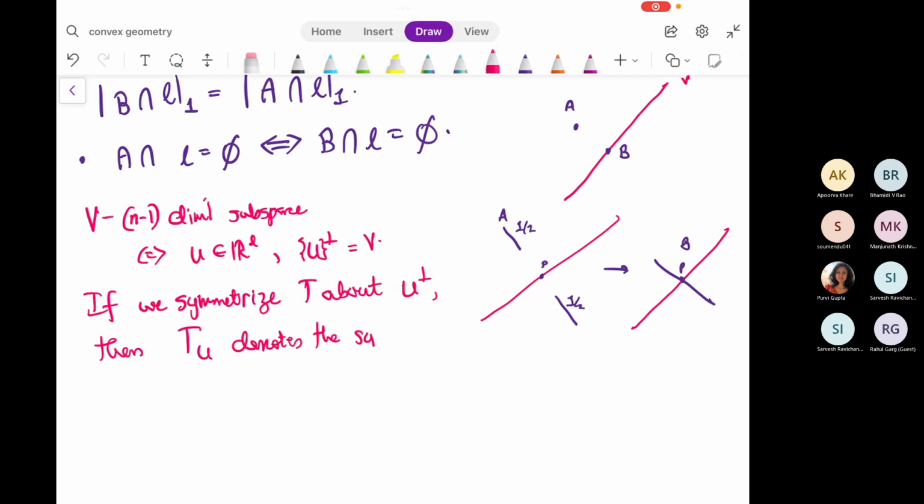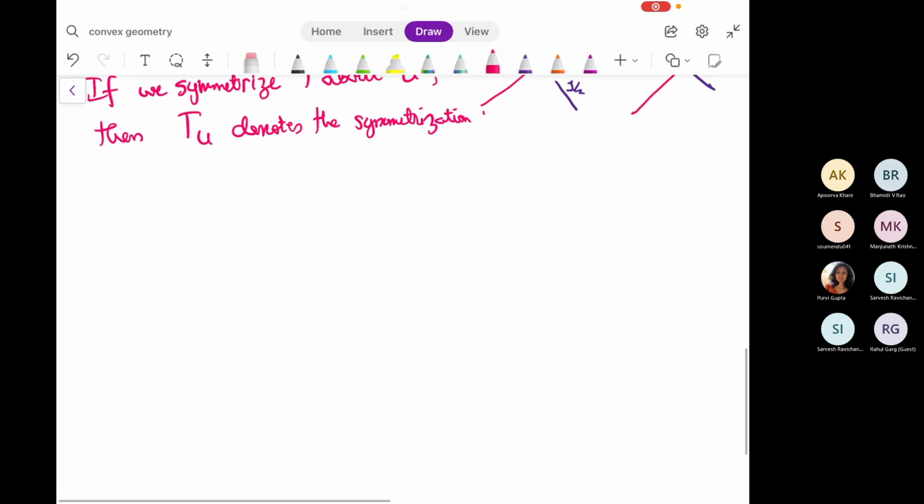But we will have to switch between notations. I need to sometimes use the hyperplane and I need to sometimes use the orthogonal vector. Let me just draw it out visually once again.